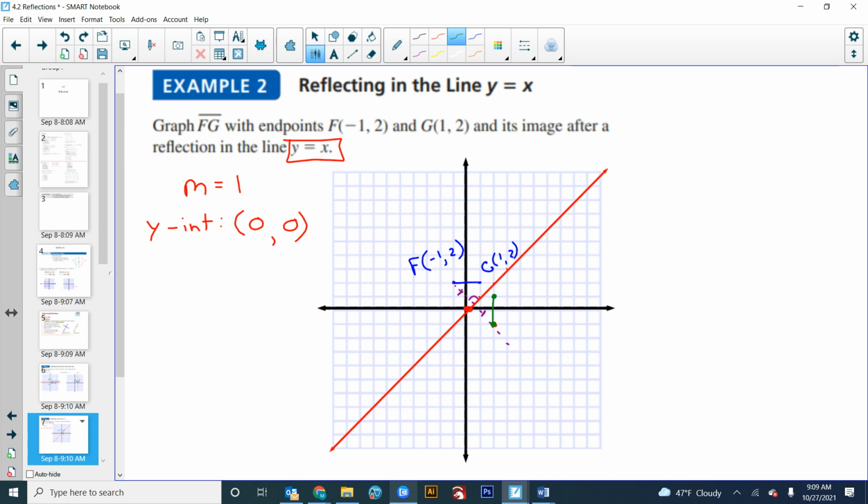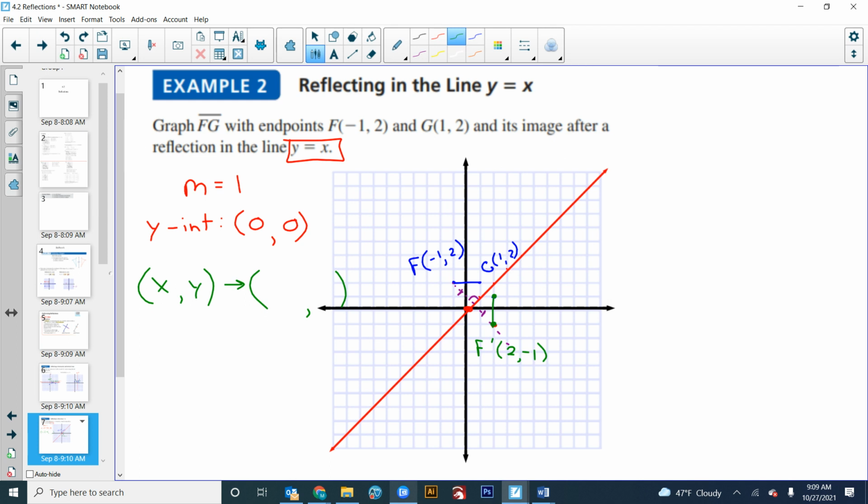Okay, but we have to make a rule for it. So our -1, 2, I'll get your question in just a second. Our x and y turned into what? Well, this is -1, 2. What was F prime? 2, -1. Okay? And if you didn't figure that out, it's okay. We're making a rule together.